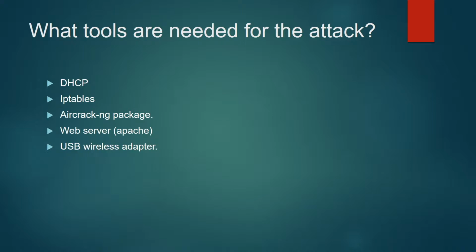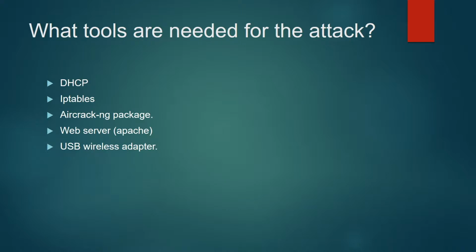Therefore we need the aircrack-ng package, like airodump and aireplay for the deauthentication and so on. You saw how those tools work in the previous video, and they are quite useful, so we need them. We need aireplay to do the deauthentication, and we need them to scan the network and so on. Then we have the web server.